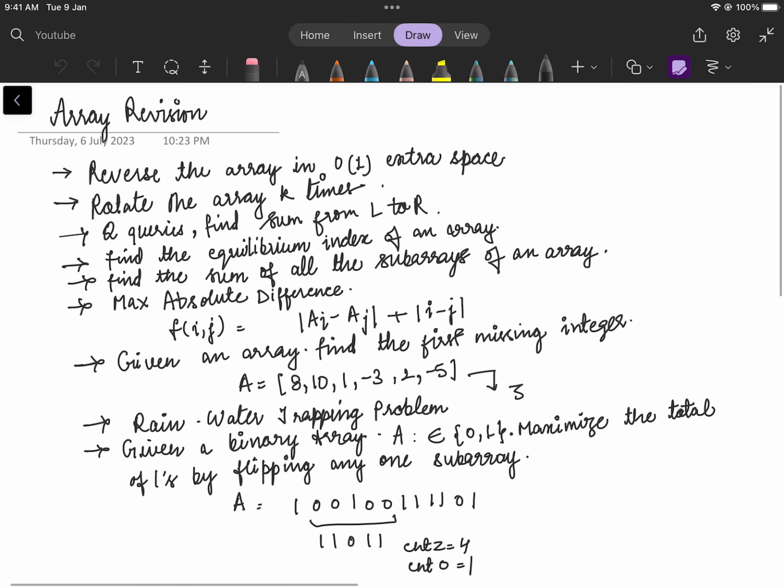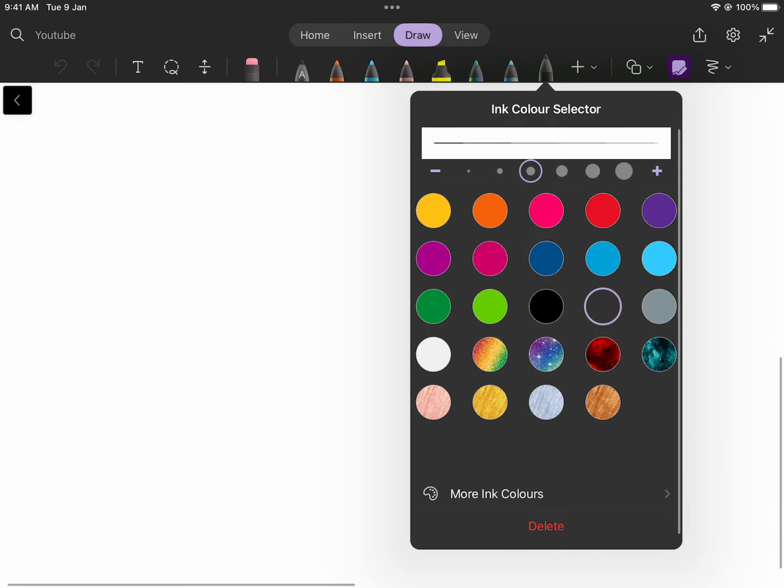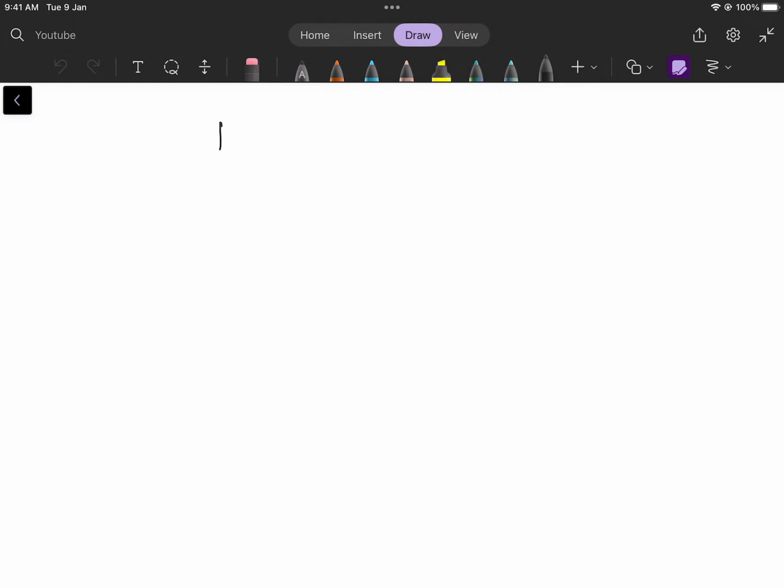The first problem is reverse the array in O(1) extra space. So let's discuss this. This is the array 3 4 5 6, and you need to reverse the array.